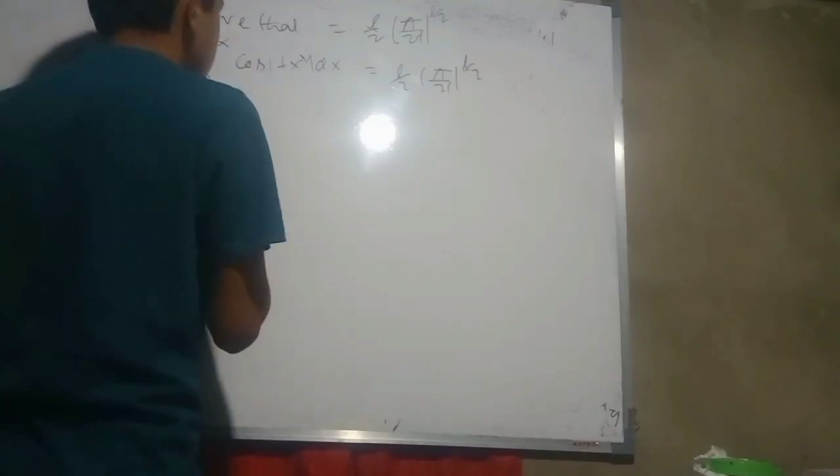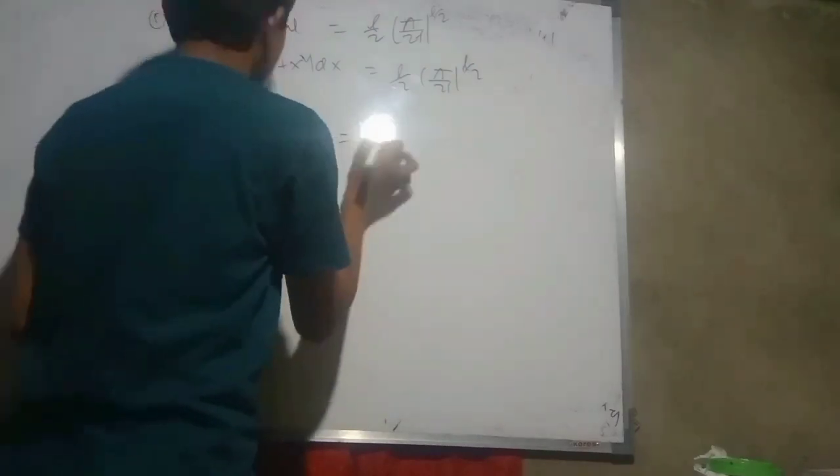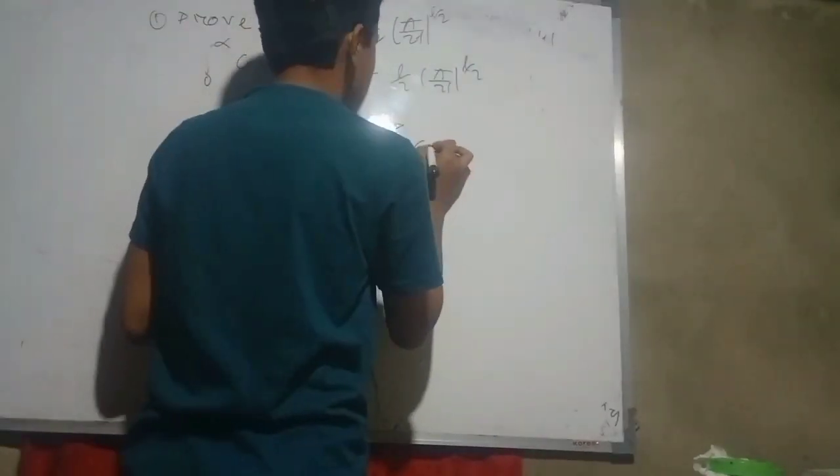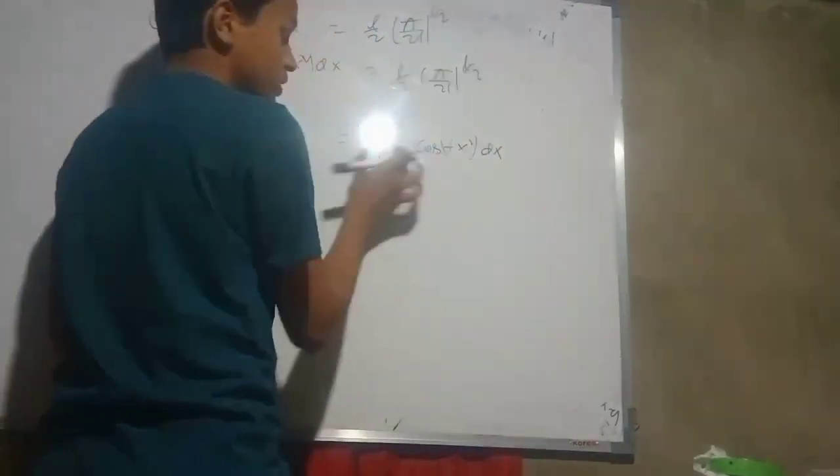Basically, let f(t) equal the integral from 0 to infinity of cos(t x square) dx. We assume that this is our function.